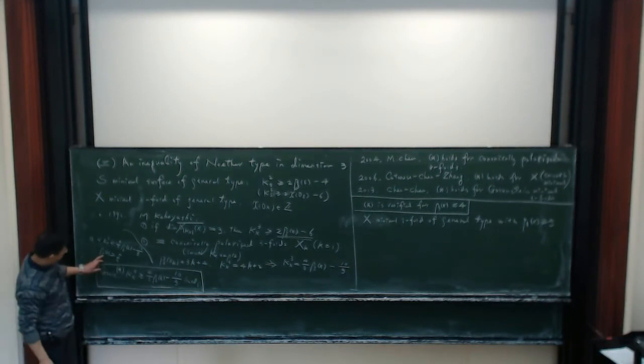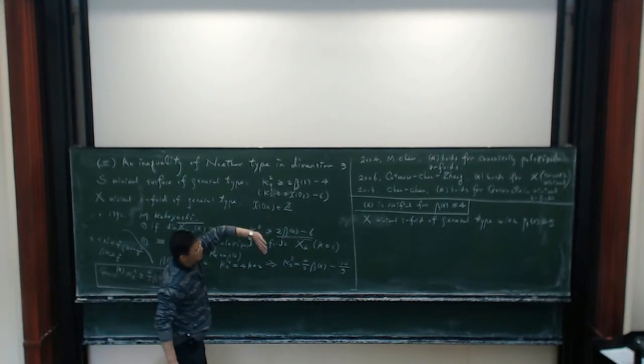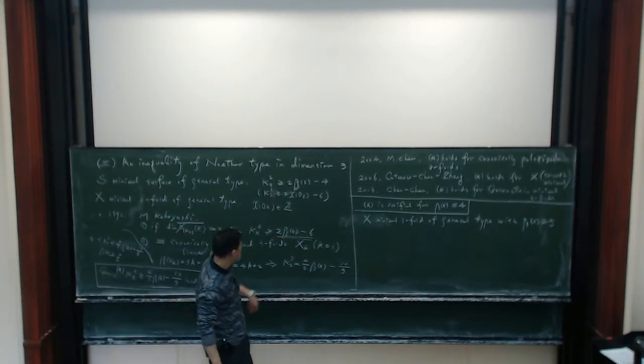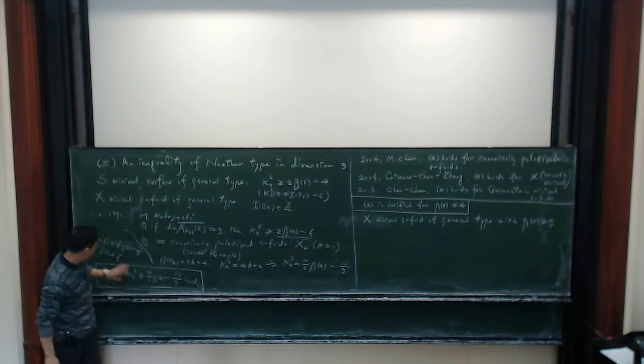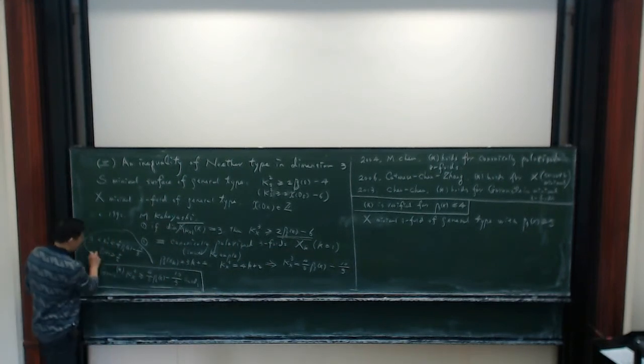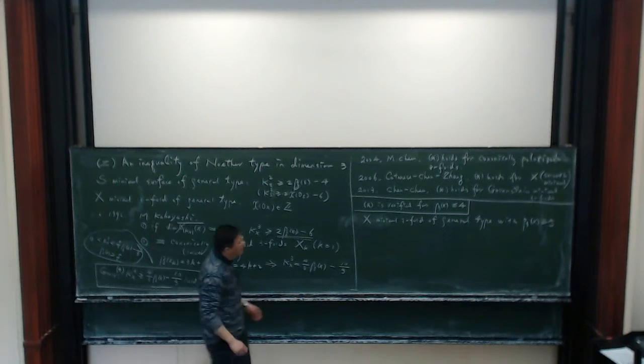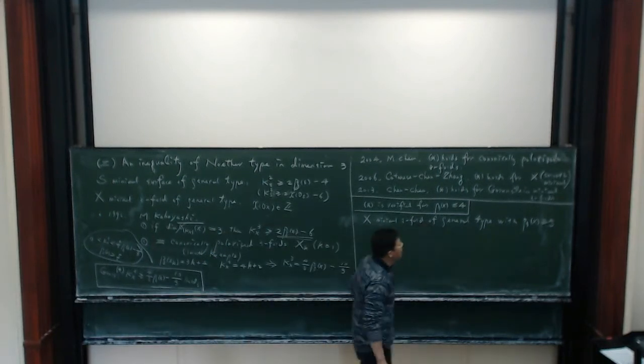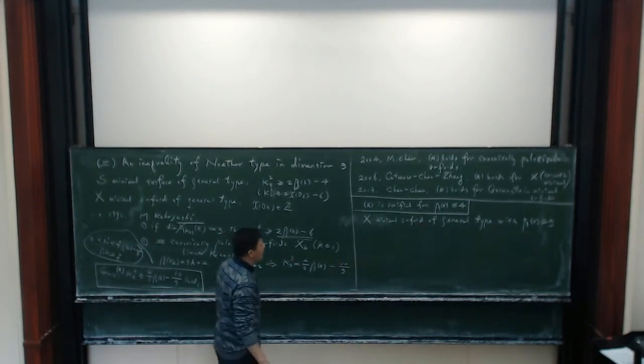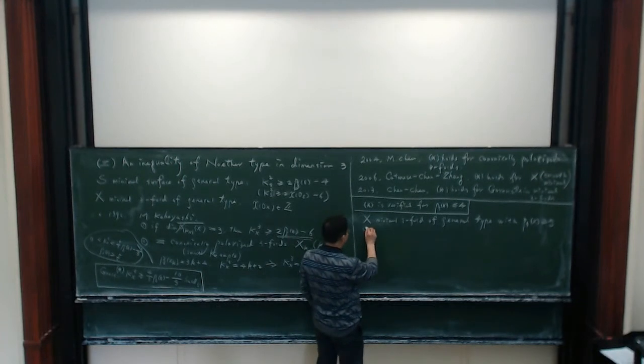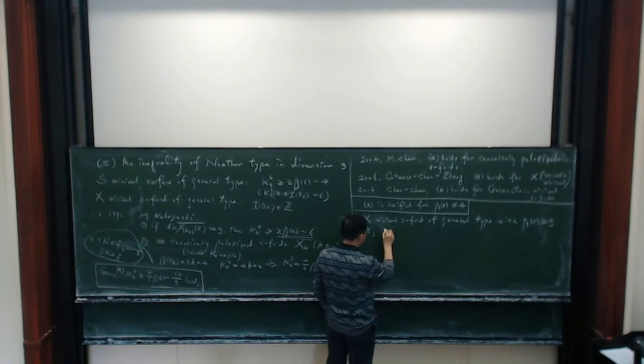Okay, so p_g at least 3. But in the 3 and 4 cases, in my previous estimates, I can verify that this always holds. So I assume that p_g is large. Therefore, the canonical map is non-trivial. It's not 0.